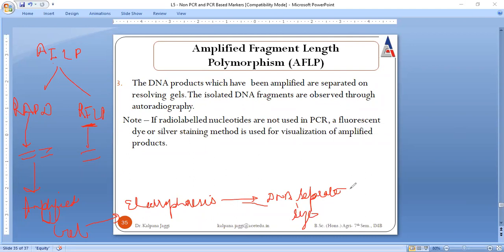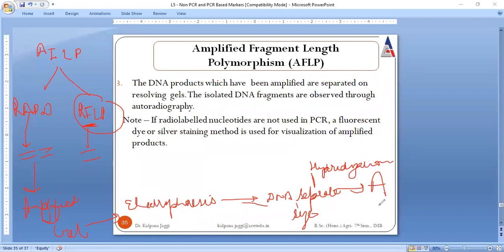And these in turn can be detected, because here the attachment of RFLP is dependent upon hybridization by probe. It is based on the hybridization principle.